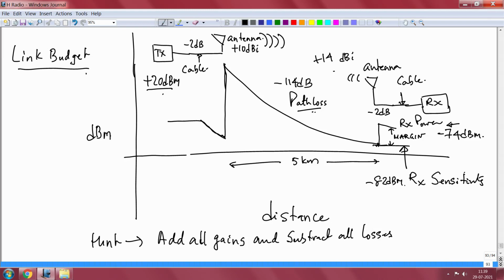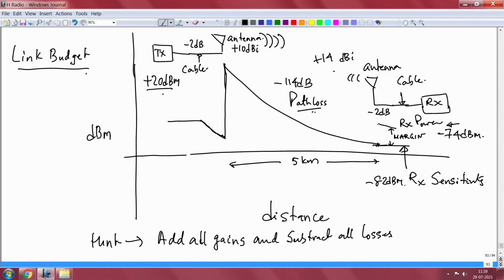It is 14 dB over an isotropic antenna, that is why it is called 14 dBi. So here it is a 10 dBi antenna and this is a 14 dBi antenna. Now, this 14 dBi antenna receives the signal, so the signal gets pumped up. It just comes up again.